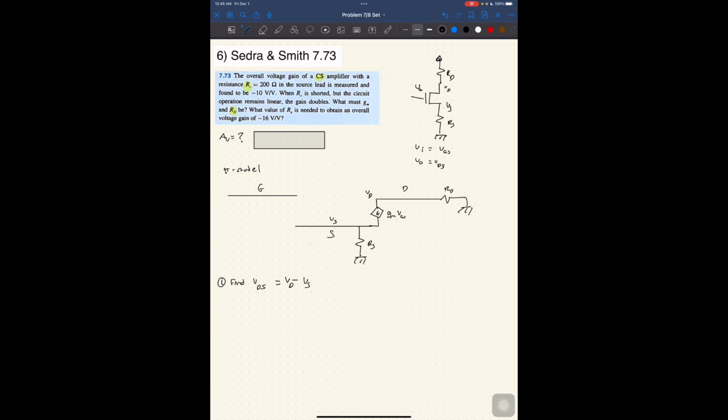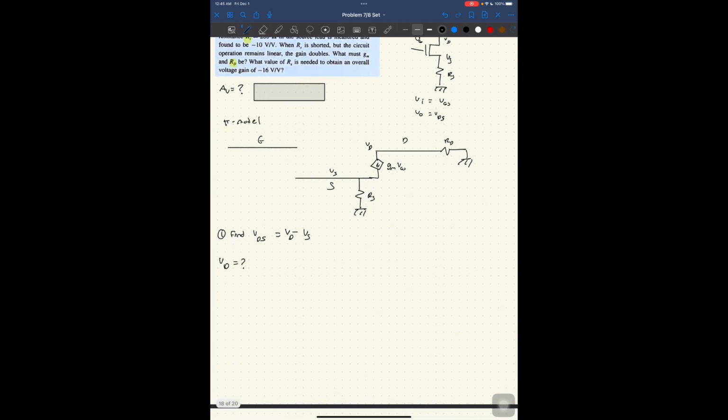Well, technically speaking, since it's a common source, I could get away with saying that AV is equal to VD with respect to VG. Well, I guess in any case, my first step is going to be to find VD. What is VD? So VD is equal to minus GM VGS RD, none of which simplify to 0.